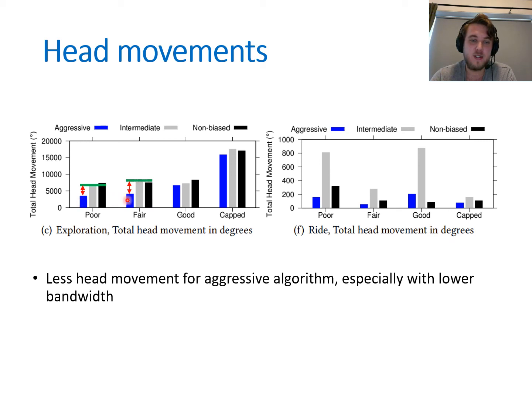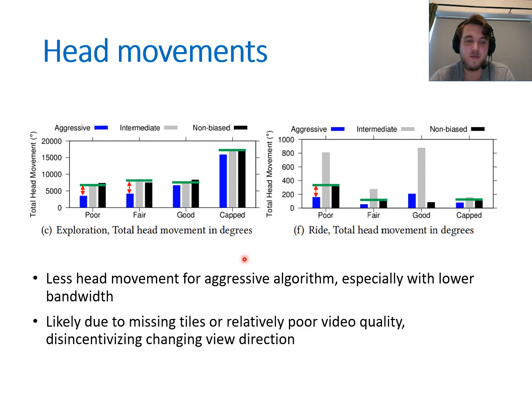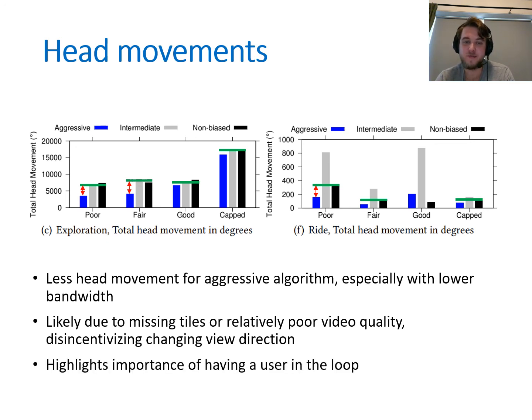As you can see here, there's a large difference. And then we have the others. These are just some outliers, but it's always, or almost always, the least amount of head movements. This is likely due to missing tiles or relatively poor video quality compared to the tiles next to it, disincentivizing a change in viewing direction and making the viewer think twice before looking in a direction.